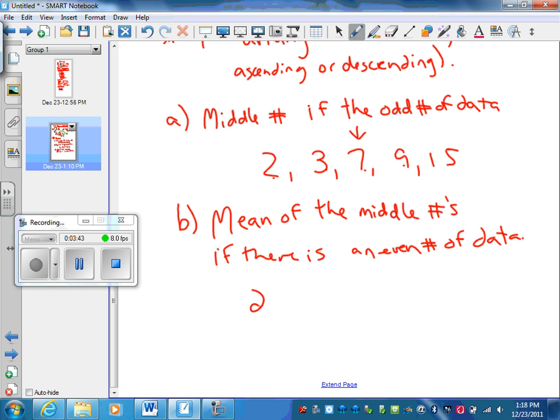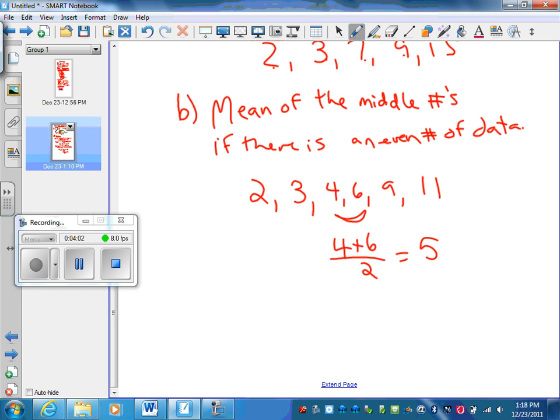So if I have 2, 3, 4, 6, 9, 11, I have 1, 2, 3, 4, 5, 6, an even number of data, so I'm going to take the mean of 4 and 6. So I go 4 plus 6 divided by 2. I get 10 over 2, which is 5. So the median in this case is 5.